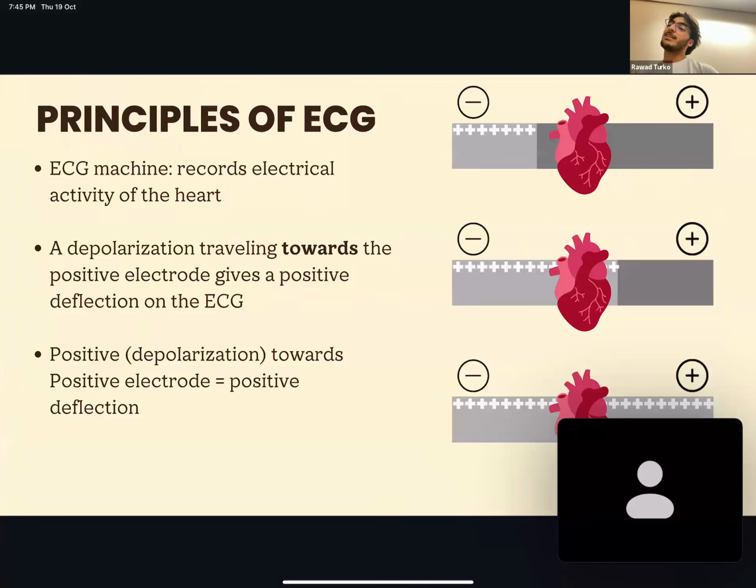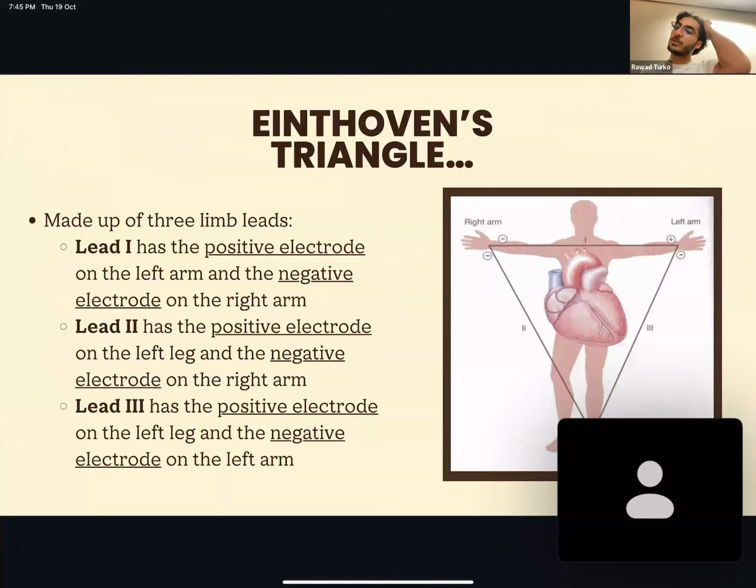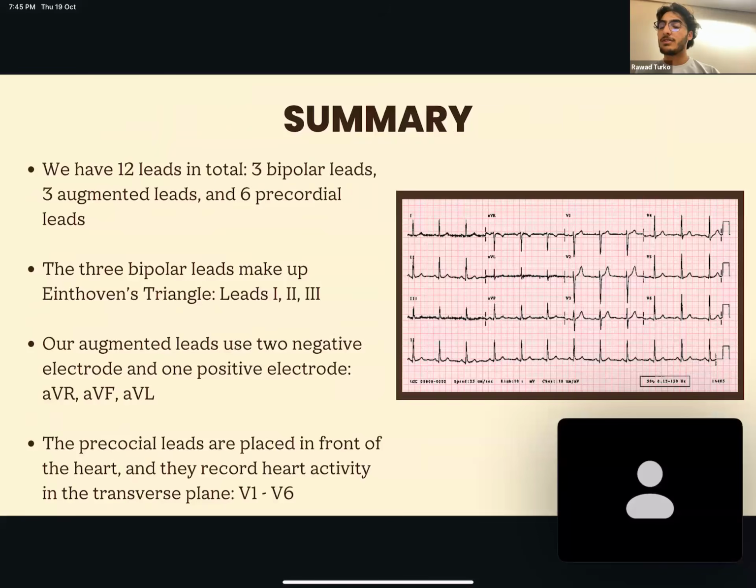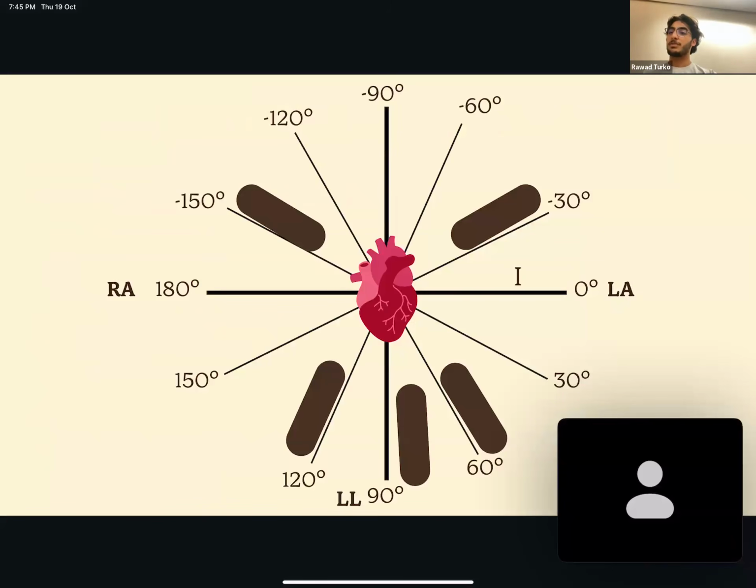And we can say that the depolarization is moving 0 degrees in the frontal plane because it's going to the left arm, which, if you look at this diagram, is 0 degrees in the frontal plane. Does that make sense? I want to make sure we absolutely nail down this concept before we uncover the rest of these leads.